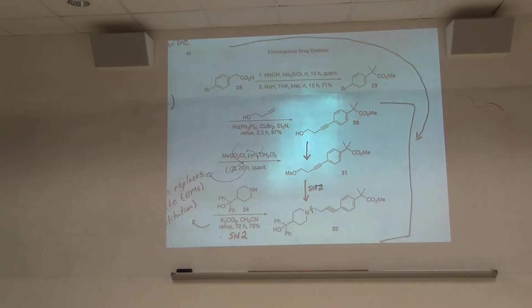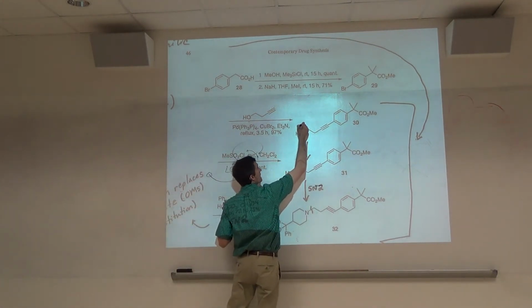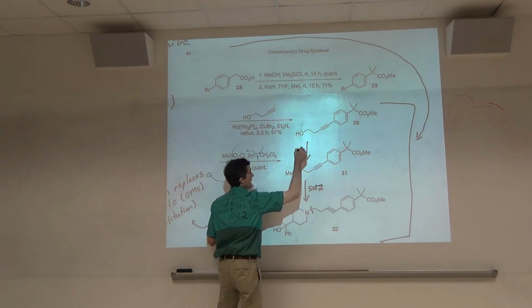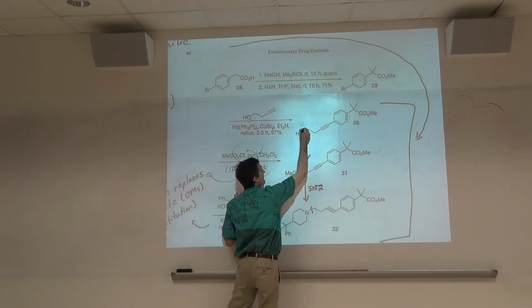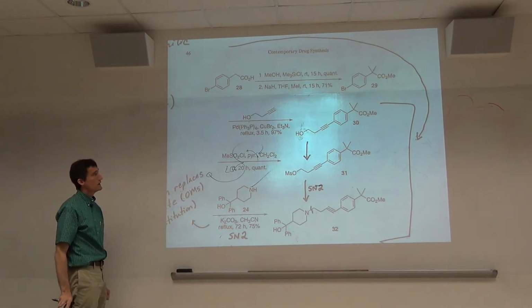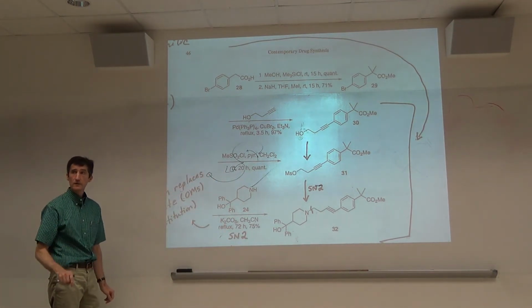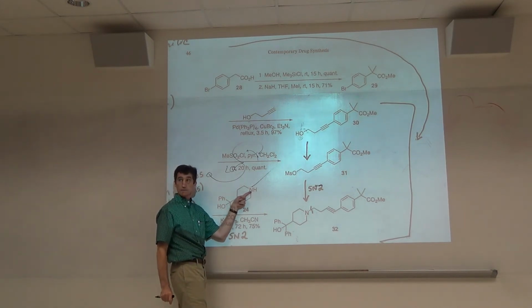I know why they didn't use acid. Why not just protonate this and then bring in this and get it to attack here? The triple bond what? Possibly. There's another reason. Because that's a base.